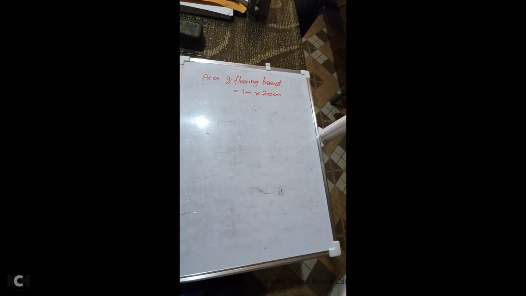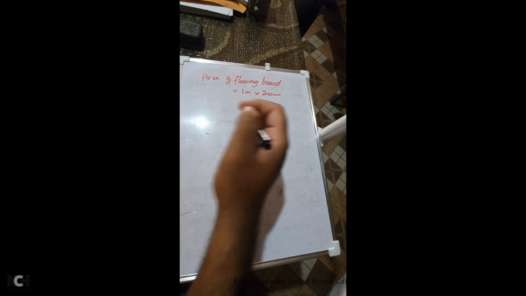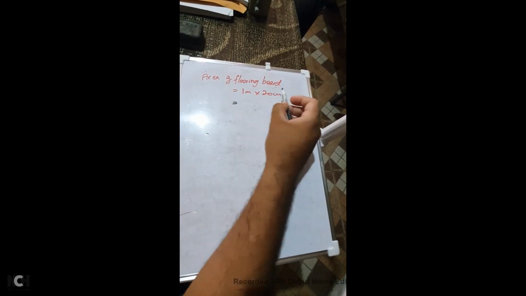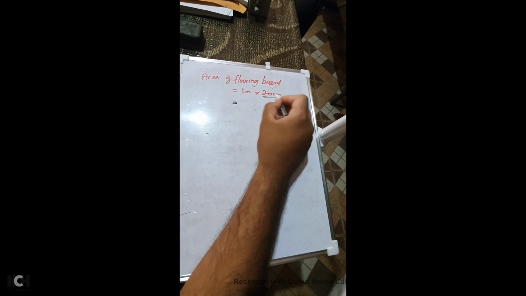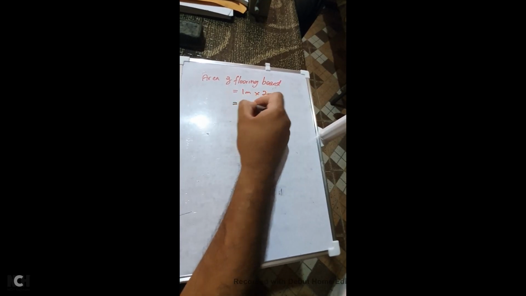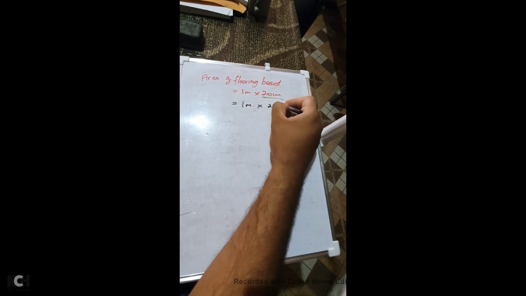Okay, so the question will tell us that the area of the flooring board, we want to find out for A, but the flooring board measures 1 by 20 centimeters. And since this question deals with meters, we will need to convert the centimeters to meters. So it will just be basic. We need to just convert this, right? So to convert 20 centimeters to a meter, we just divide by 100.